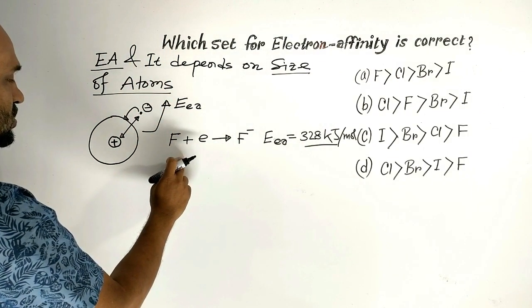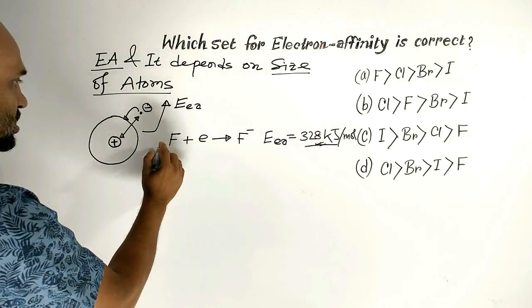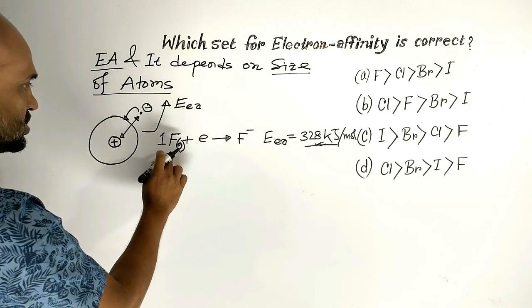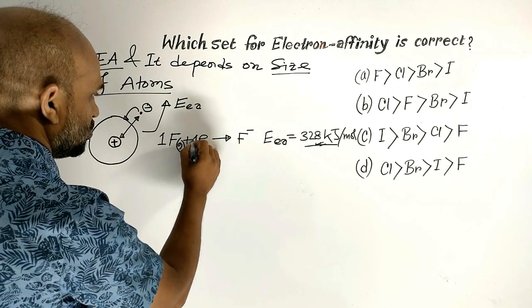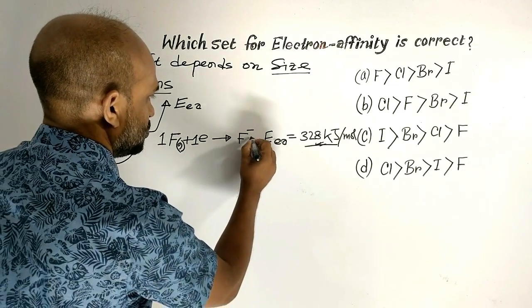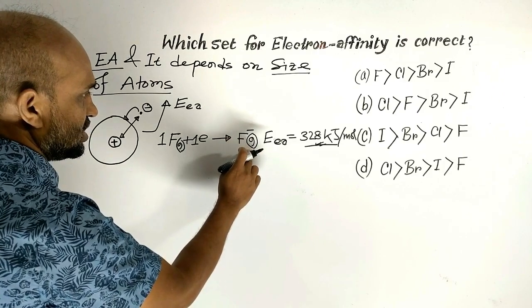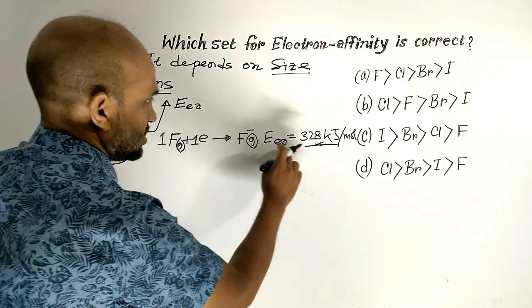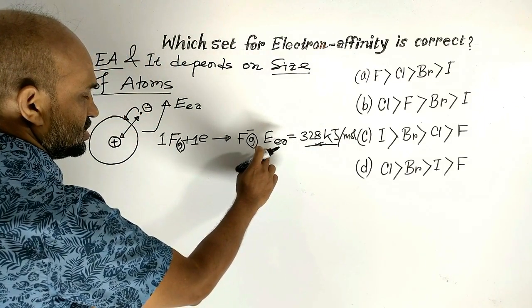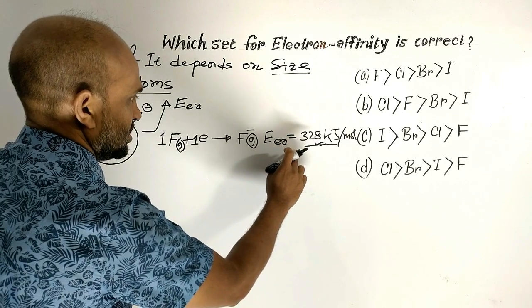Definition: the amount of energy released when 1 mole of gaseous atoms receive 1 mole of electrons and change to 1 mole of uninegative gaseous ions is called electron affinity. It is abbreviated by EEA.